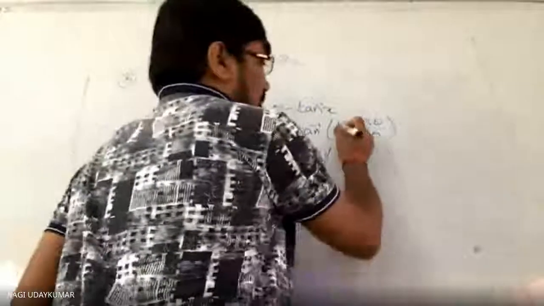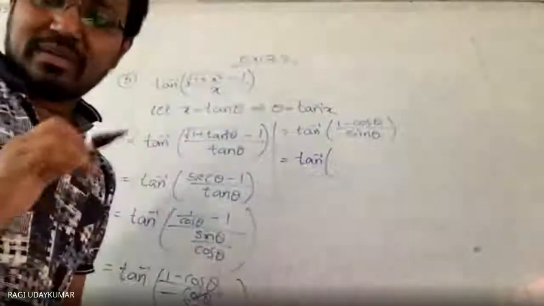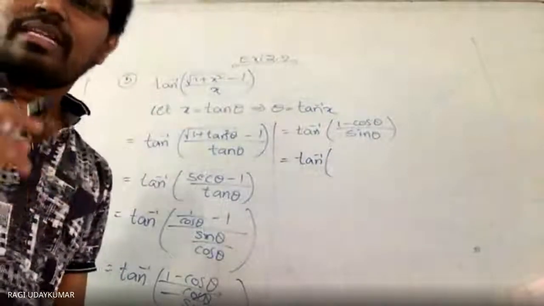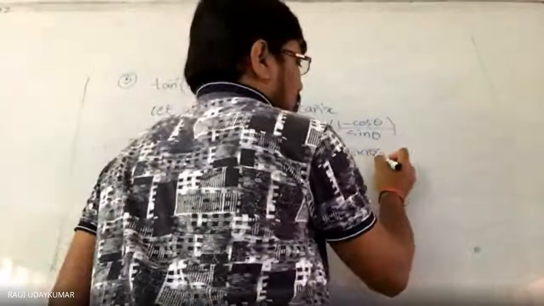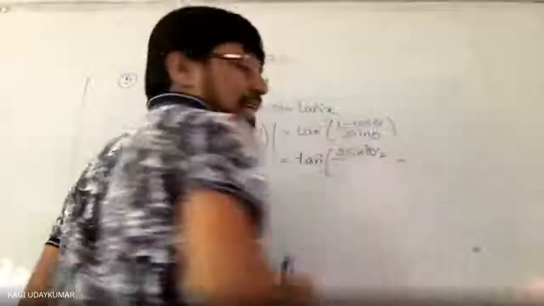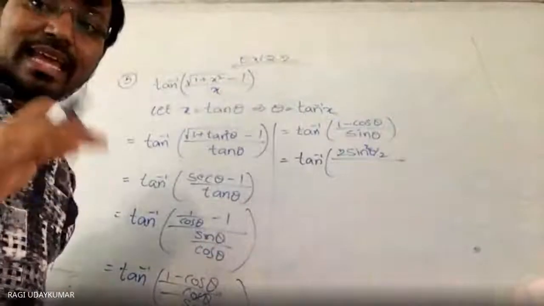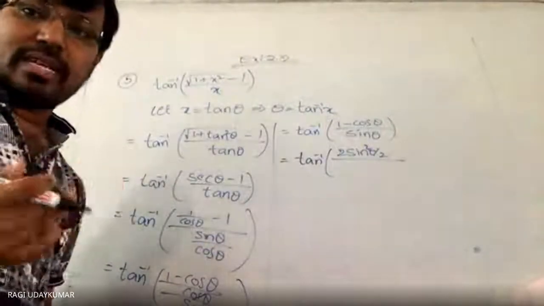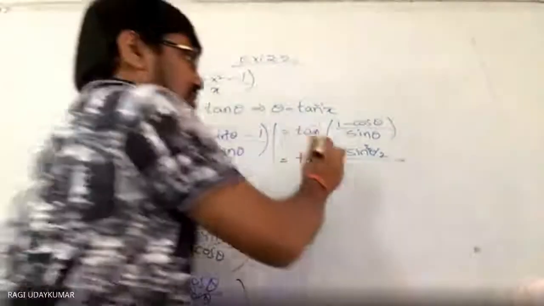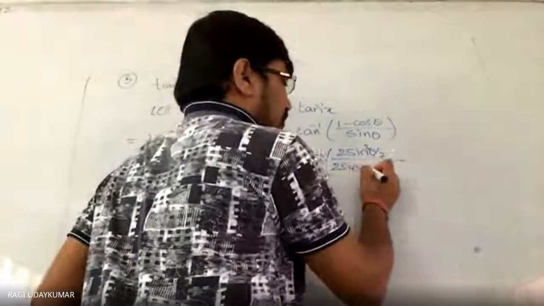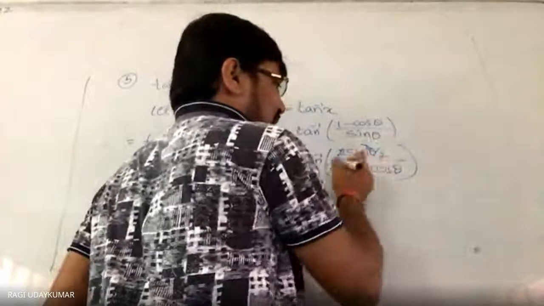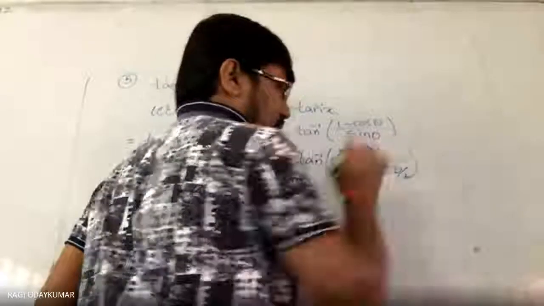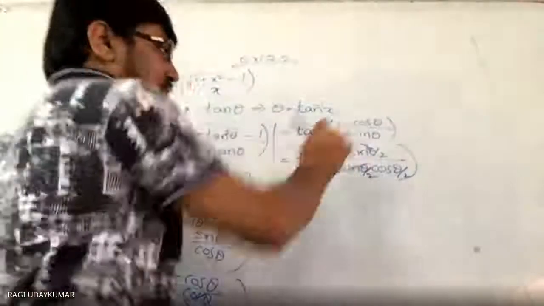Sin theta can be written just like sin 2 theta, which is 2 sin theta cos theta. In the same way, this is equal to 2 sin theta by 2 cos theta by 2. So 2 will get cancelled, and sin theta by 2 will get cancelled.